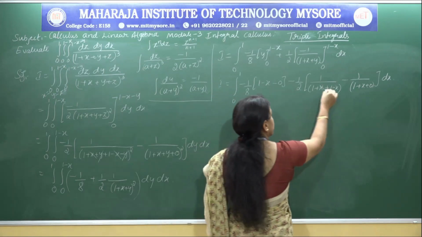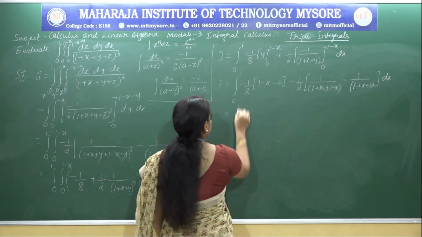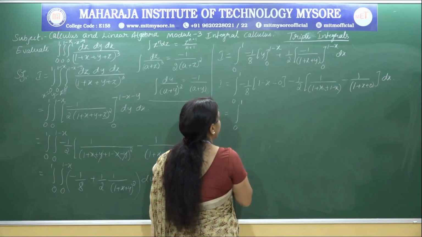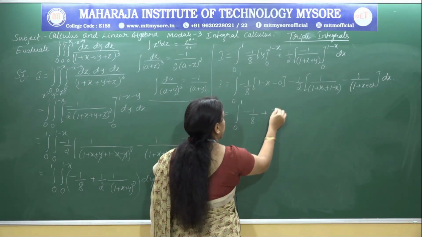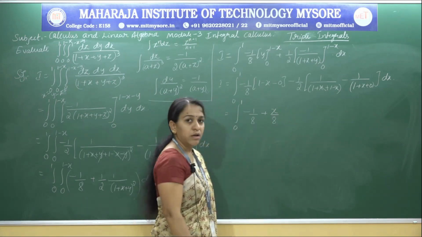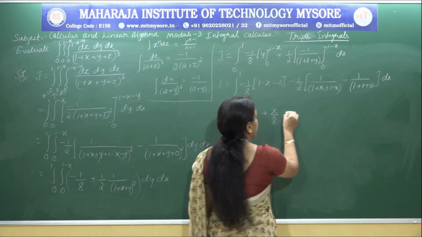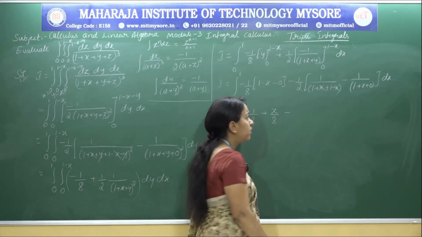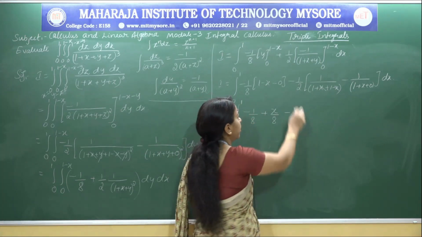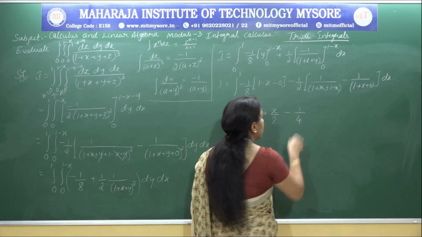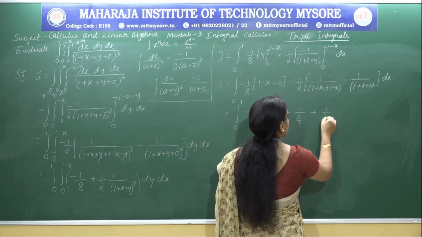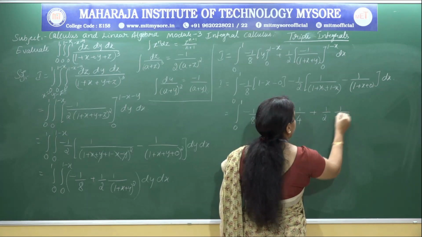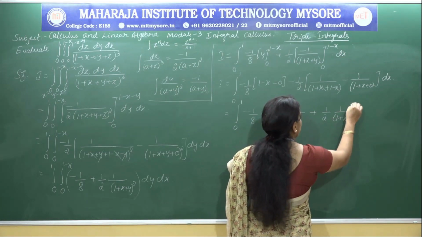So I can cancel plus x minus x here, and if I simplify, we have integral 0 to 1 minus 1 by 8 into minus plus x by 8, and minus 1 plus 1 is 2, 1 by 2 into minus 1 by 2 is minus 1 by 4, minus of minus becomes plus 1 by 2 into 1 by 1 plus x dx.